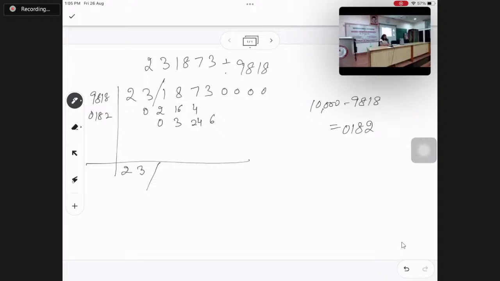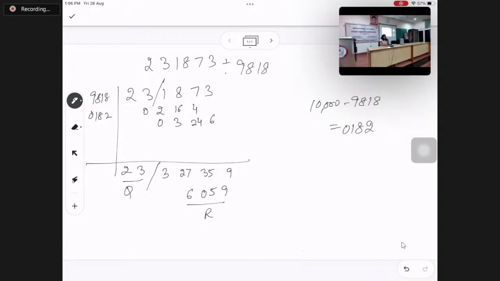Now if we add: 2 plus 1 is 3, 16 plus 8, 24 plus 3, 27, 24 plus 4, 28 plus 7, 35, and 6 plus 3, 9. But this is not the answer, right? So this is 9. Next is 5. 27 plus 3 is 30. So we put a 0, and 3 plus 3 is 6. So this is your quotient and this is your remainder.